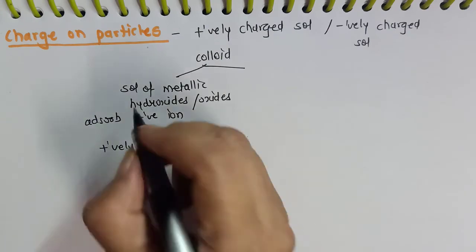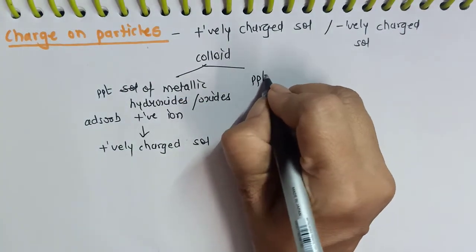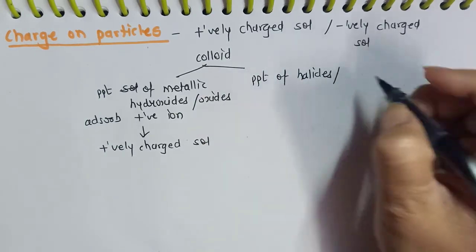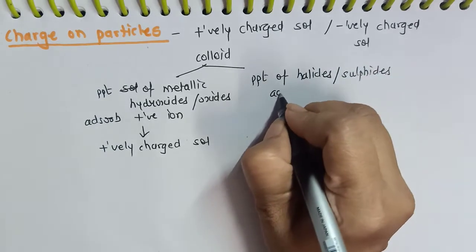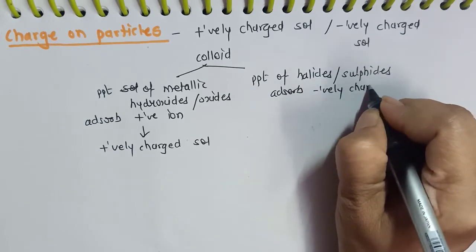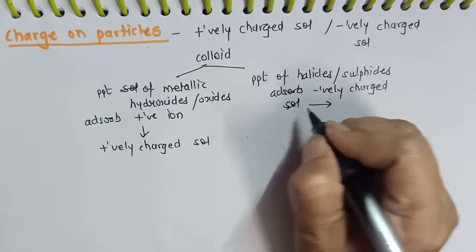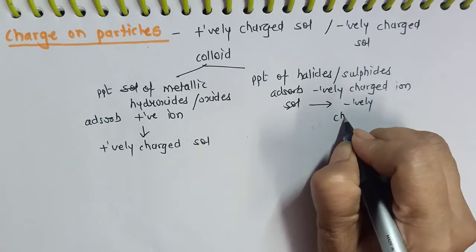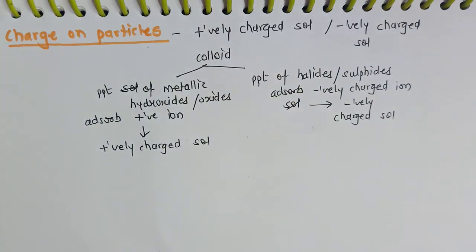On the other hand, the precipitate of halides, or let's say sulfides, they generally adsorb negatively charged ion, resulting in negatively charged sol. Let us take one example of this.